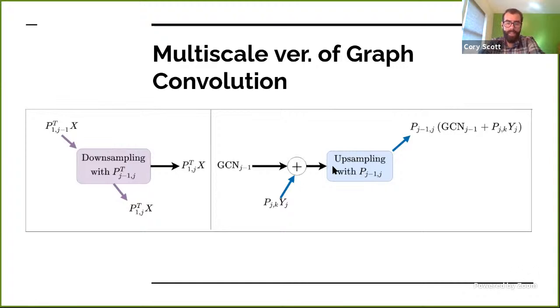So really the takeaway of these two diagrams is that we downsample with a projection matrix, just a matrix multiplication, and then we upsample by again multiplying with the same matrix, but now it's the matrix, not the transpose of the matrix as it is in the downsampling case.